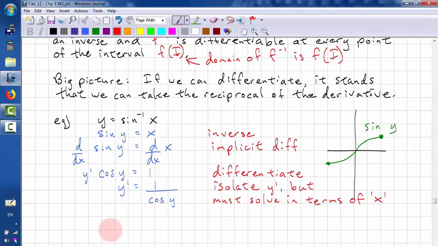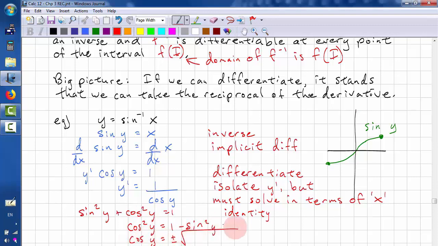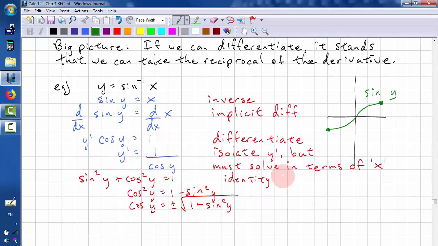So we have to make use of a basic identity. Sine squared y plus cos squared y equals 1. It's an identity. Okay, and we want cos squared y equals 1 minus sine squared y, and then cos y equals plus or minus the square root of 1 minus sine squared y. This is our trick.